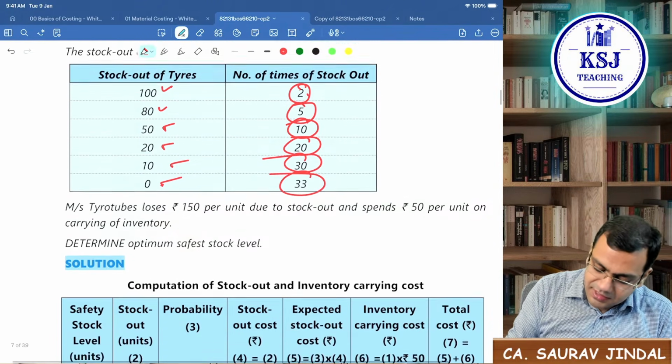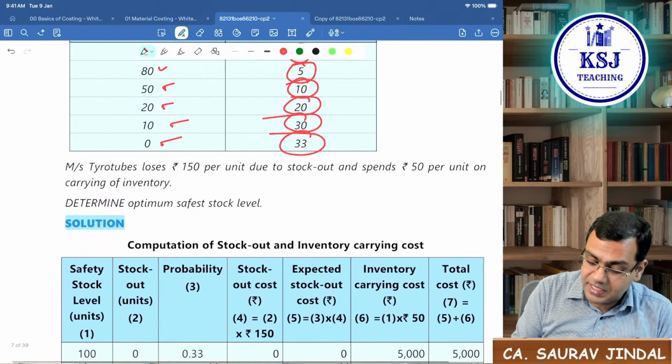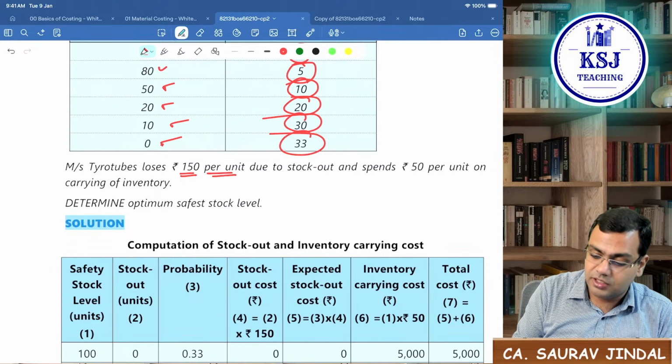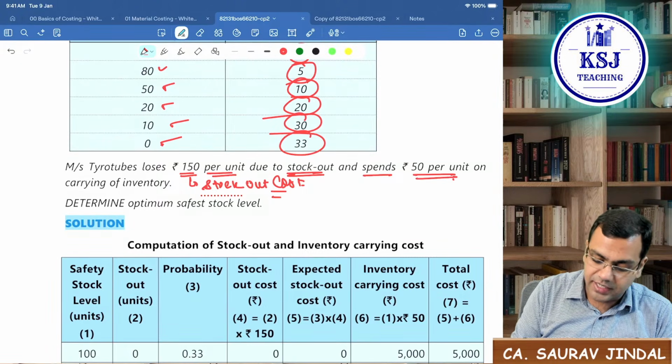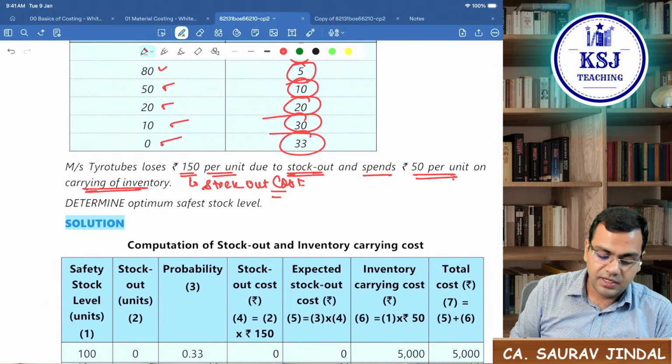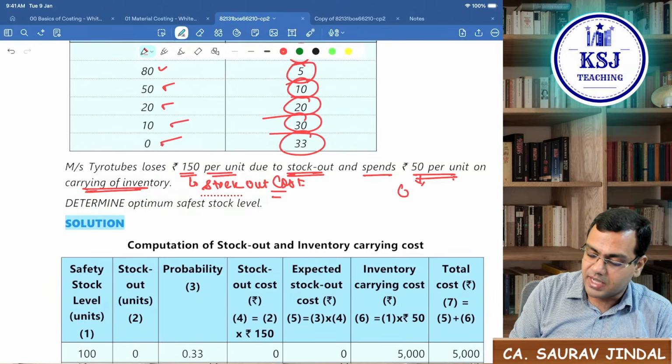Messrs. Tyrotube loses rupees 150 per unit due to the stock out. So this is your stock out cost. And it spends rupees 50 per unit on the carrying of inventory. So this is your carrying cost.